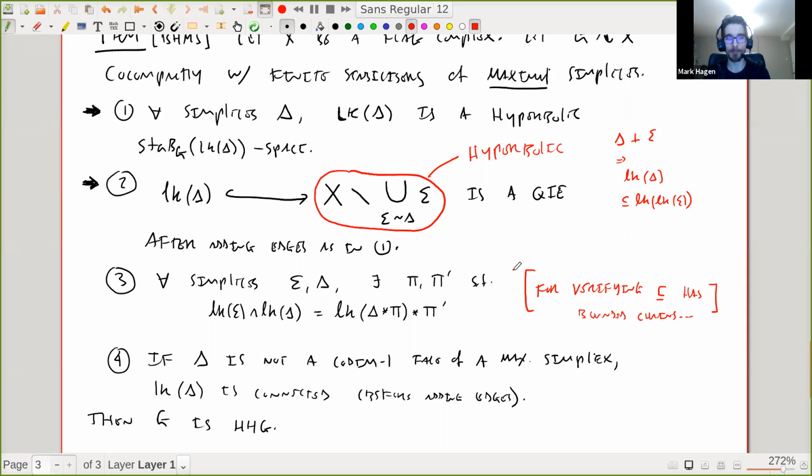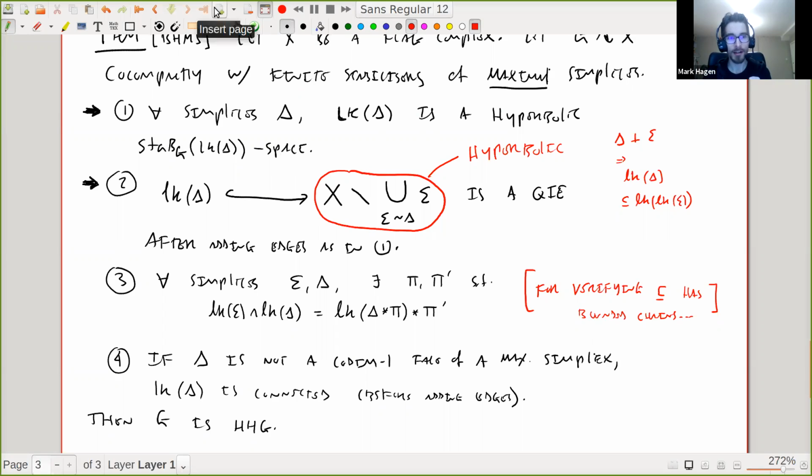And then from there, we checked the 9 axioms. So now, if you're lucky enough to be able to construct such a complex, then you can build HHG structures. Maybe before I talk, I claimed that this is useful in practice.